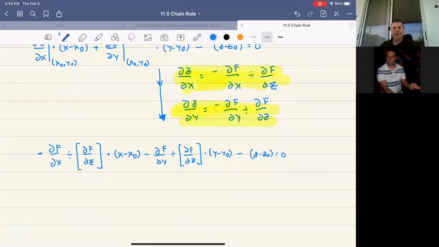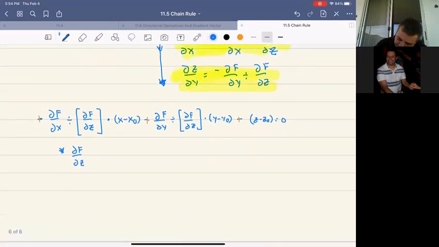I'm going to go ahead and put pluses in there because, you know, why not? They've all got minuses. And now I'm going to multiply by the partial of f with respect to z.